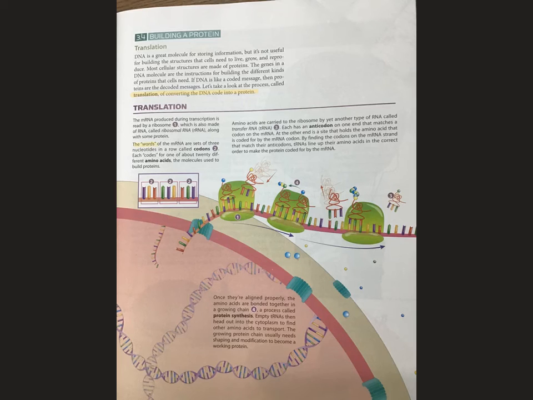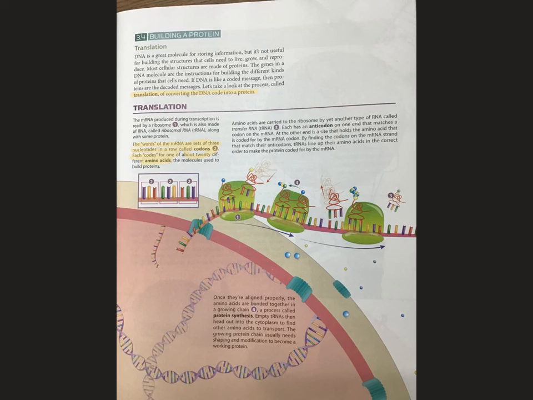So the words of the mRNA are sets of 3 nucleotides in a row called codons, okay? So a group of 3 nucleotides that codes for amino acids are called a codon, okay? Remember, they code for amino acids, but they're called codons, okay?